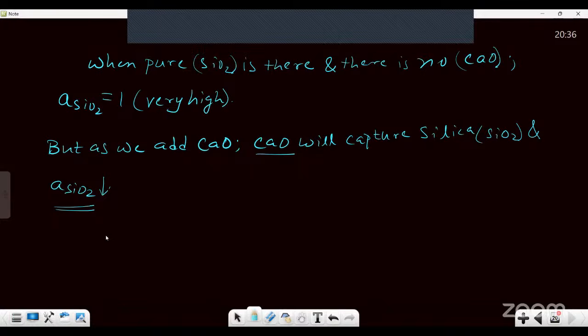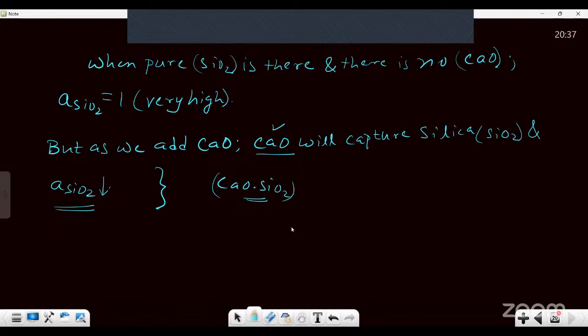First and foremost, let us understand why it decreases: the calcium oxide captures silica and forms CaO.SiO2. So you see the SiO2 is being captured. It is fixing up the SiO2, so definitely the activity of SiO2 is decreasing in the slag.